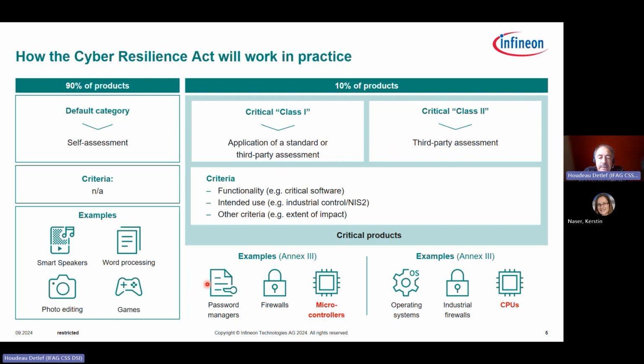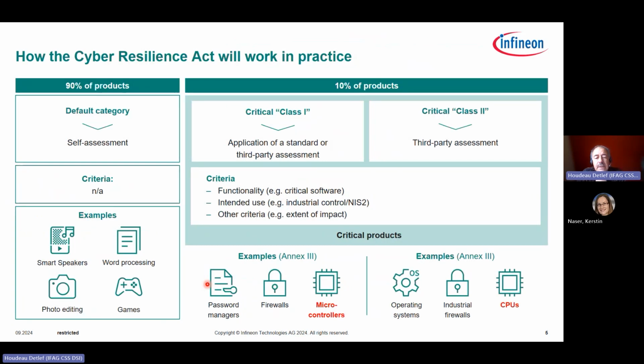And you see the criteria are functionality, for example, software, intended use, for example, industrial controller, which are addressed by the critical infrastructure NIS 2, and other criteria like extent of impact.